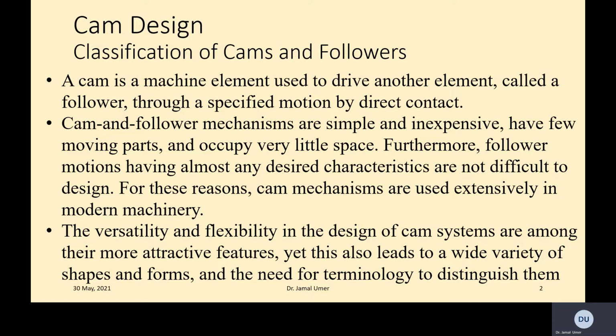So during this lecture, we will briefly go over the CAM's different types, characteristics, with the ultimate goal to analyze CAM and to construct its displacement diagrams actually. So basically, the designing of the CAM.